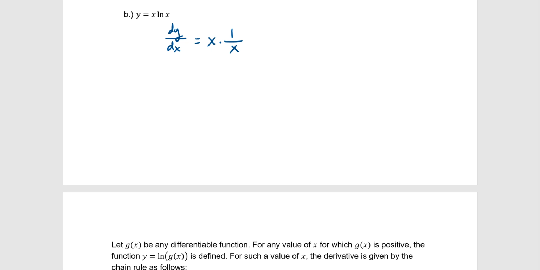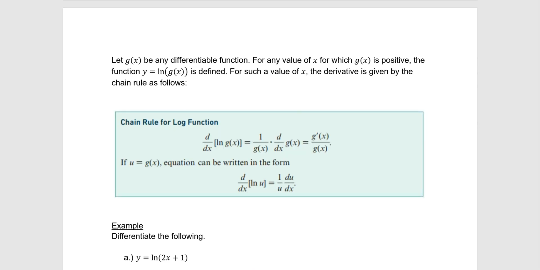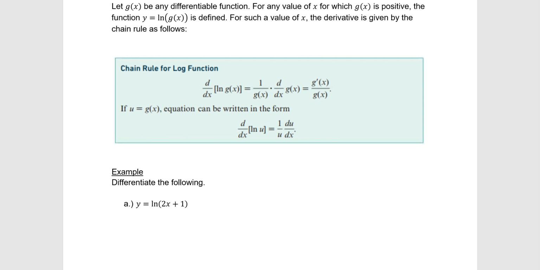The derivative of the ln of x is 1 over x, plus the second times the derivative of the first. The derivative of x is just 1. So this is going to be x times 1 over x cancels to 1. So it's 1 plus ln of x for the derivative. Okay, so those are just a couple examples using techniques that we've already learned involving the ln of x.